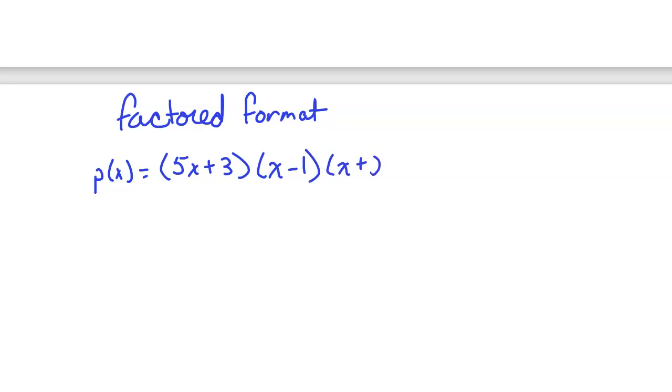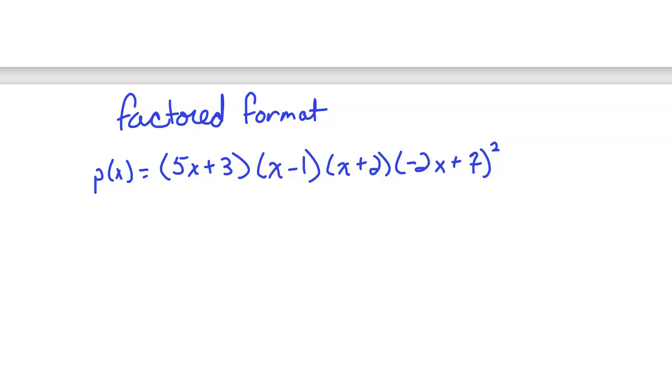Because when we're looking at things in factored format, we're looking at things such as, let's say that we have p of x is equal to 5x plus 3 times x minus 1 times x plus 2 times negative 2x plus 7, and we square that one.